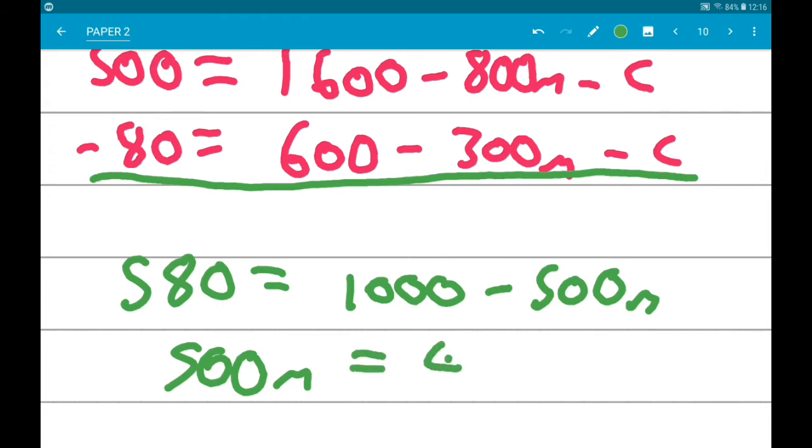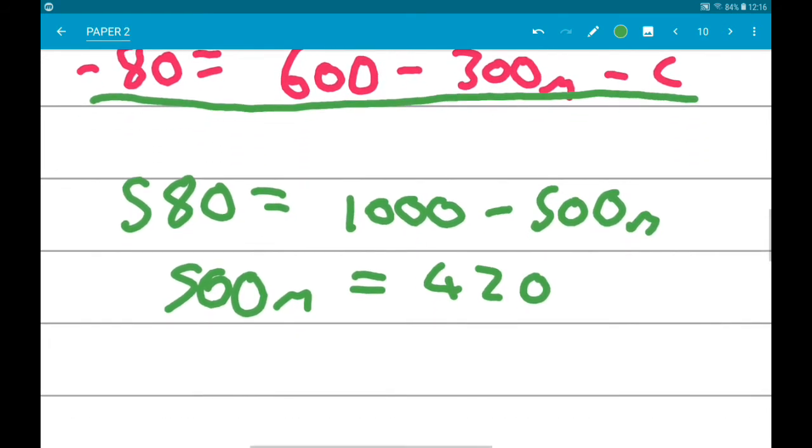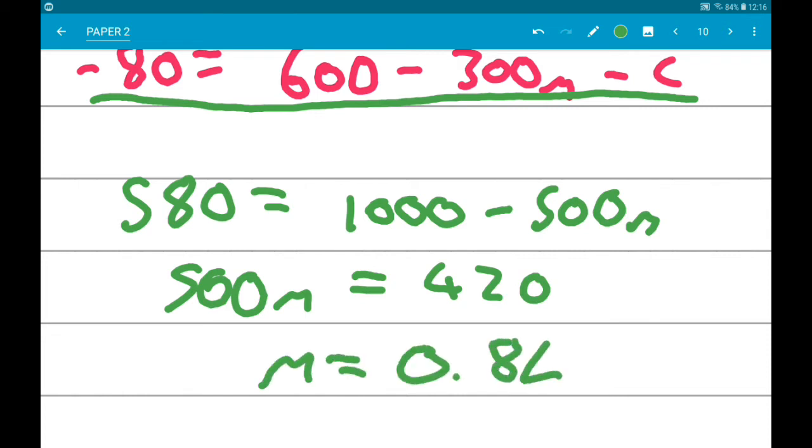Divide by 500, and we get m is 0.84. So at this point, we know that y is 0.84x and c. Alright.